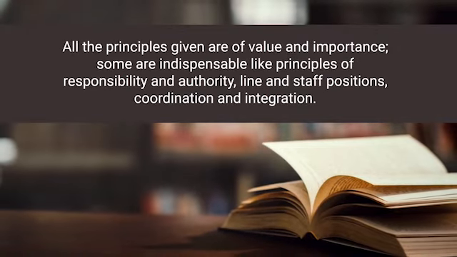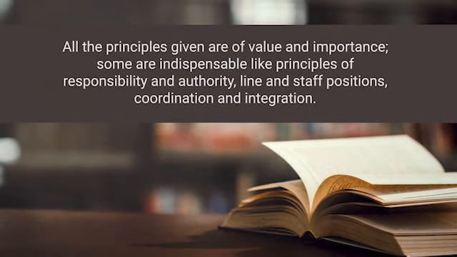All the principles which we have looked into are of value and importance. Let me tell you that all of you have to remember all these principles. Some are indispensable, like principles of responsibility and authority, line and staff positions, coordination and integration, because these are very pragmatic principles which are aligned with any kind of library, whether it's a small library, medium-sized library, academic library, larger library, national library, whatever it is.